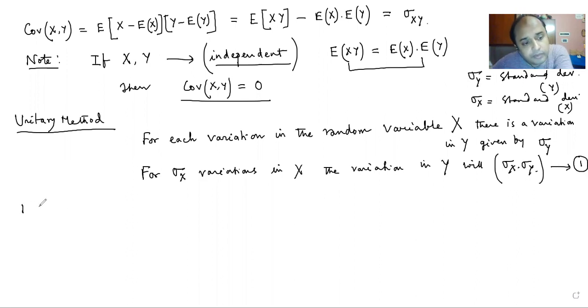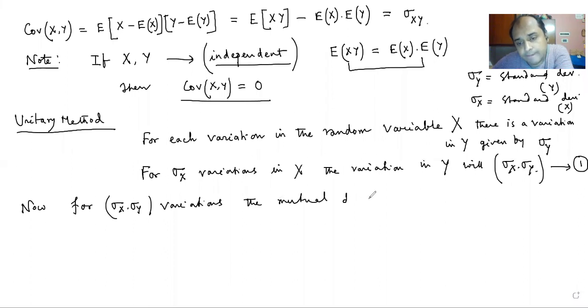Now, for sigma X, sigma Y variations, the mutual deviation of X and Y is given by sigma XY, that is, covariance of XY.